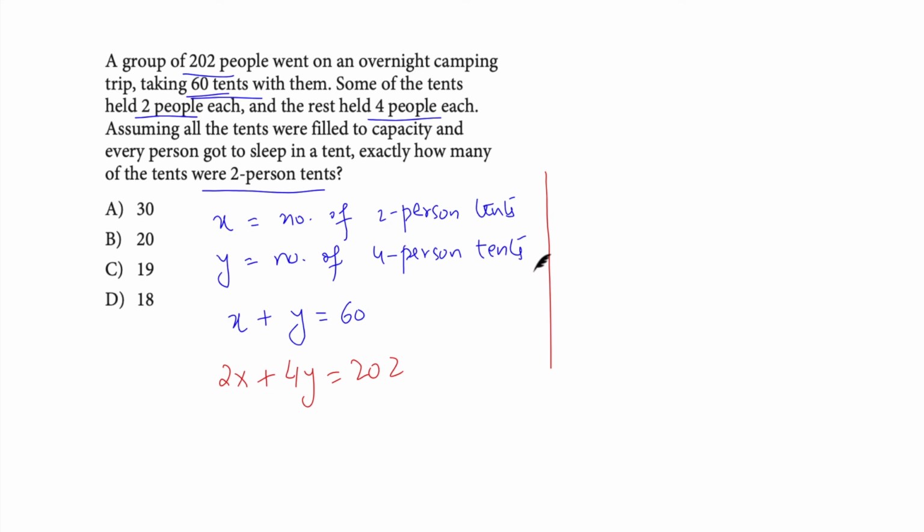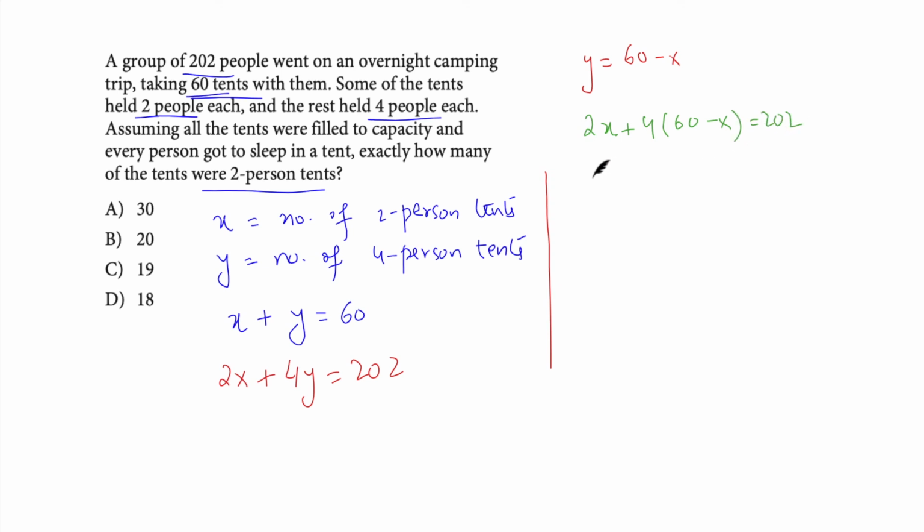You now simply have to solve them, and I will solve them through substitution. Okay, from this equation we have y equals 60 minus x. You can substitute this into our second equation, and that will become 2x plus 4 into y, that is 60 minus x, equals 202.